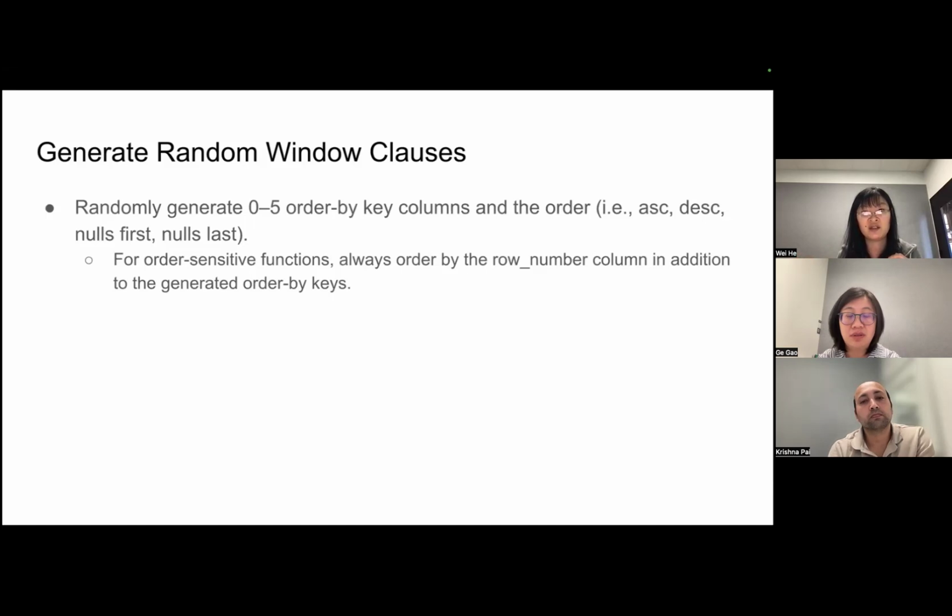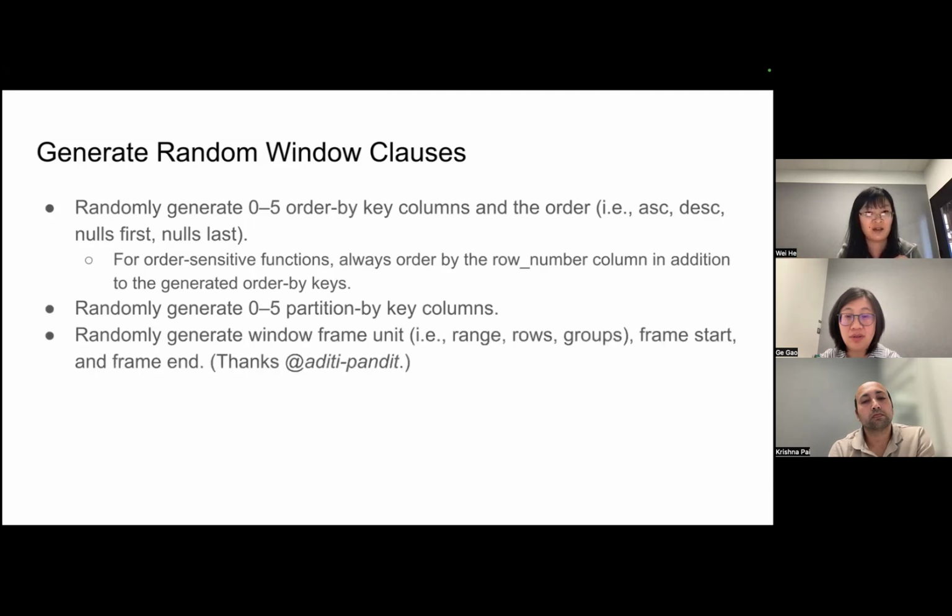So in addition to the randomly generated order by keys, we always order by the row number column additionally. We also randomly generate 0 to 5 partition by key columns. And then we randomly select the window frame unit, which can be range, rows, or groups. And then we generate the frame start and frame end. And thanks to the open source community that helped us to add these enhancements.